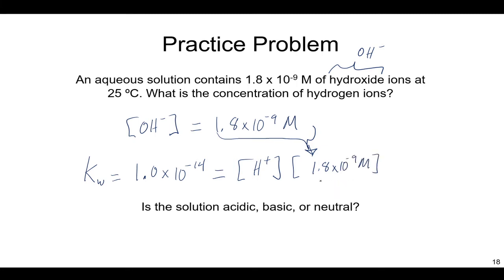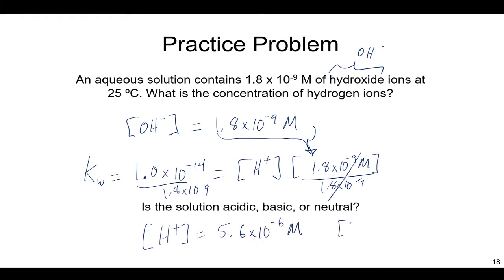That's the concentration. So I can solve this for H plus, divide both sides by this. So my H plus concentration here will be 5.6 times 10 to the negative 6 molar.